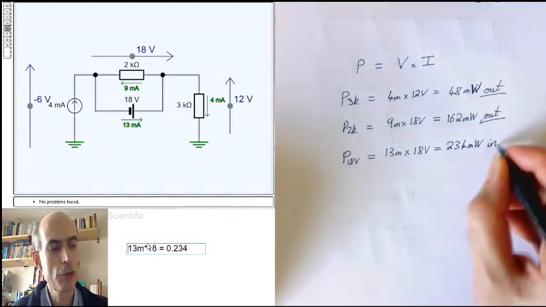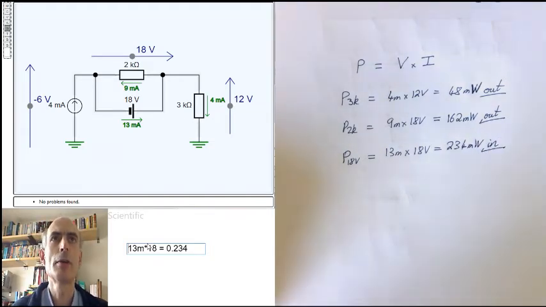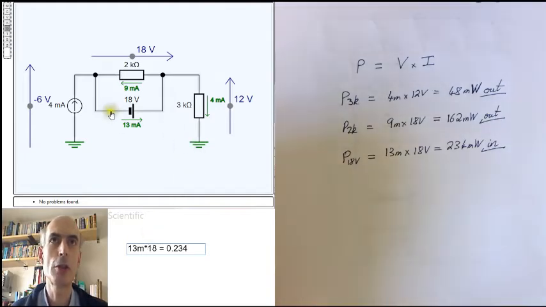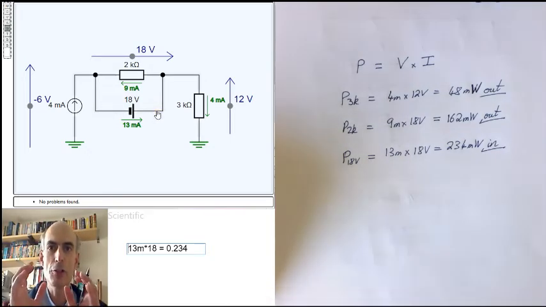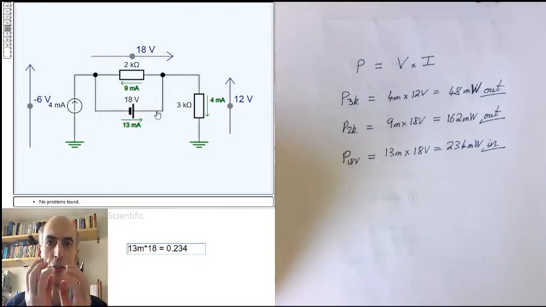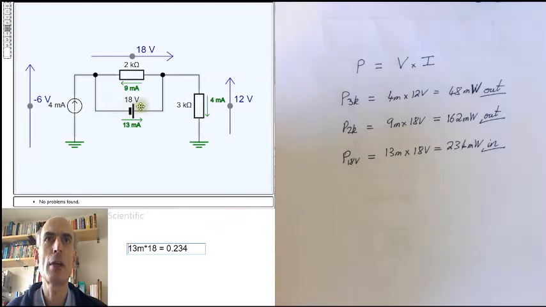But this is being supplied to the circuit because the charge is being raised in potential. It's going from a lower potential to a higher potential. That's like it's being squeezed, if you think back to the hydraulic analogy. That takes energy to do.